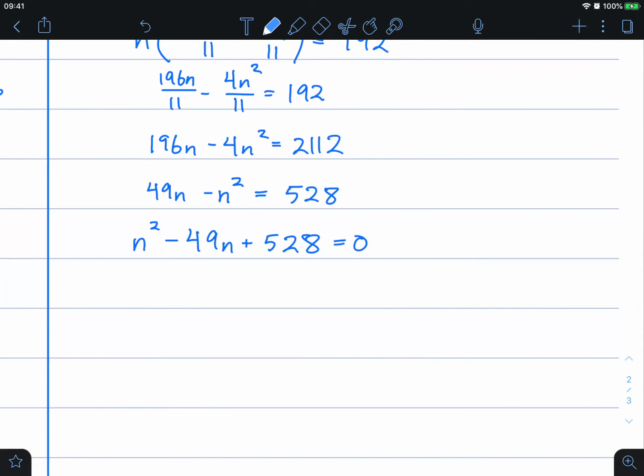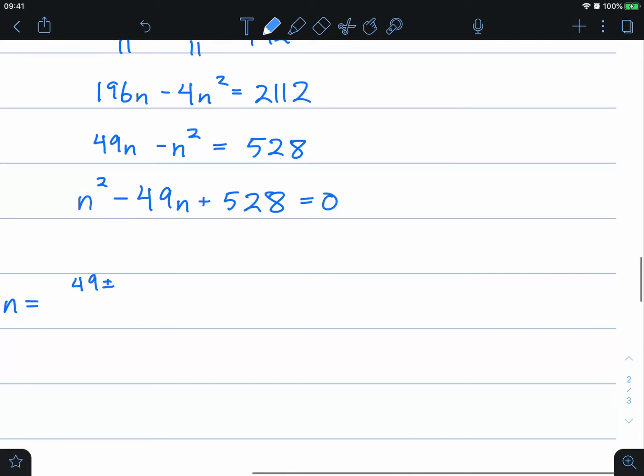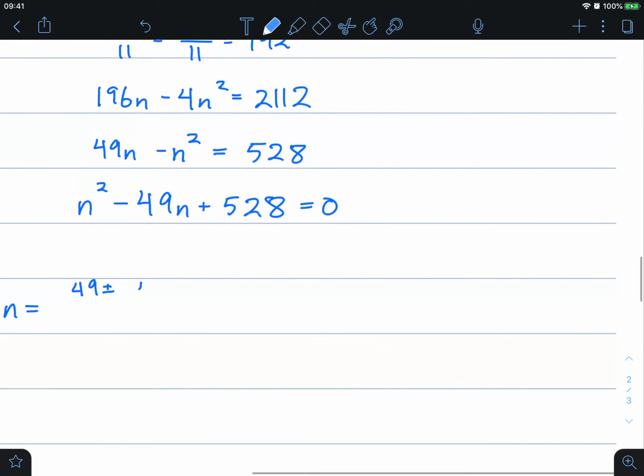We now need to solve this. We could try and factorize this, but ain't nobody got time for that. So n, I'm going to use the quadratic formula, negative b, so negative 49 is positive 49 plus minus the square root of b squared minus 4ac. So 49 squared minus 4 times a, which is 1, times 528.